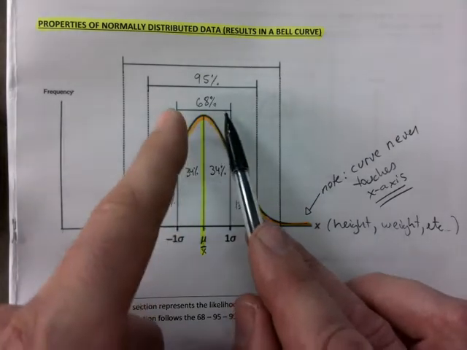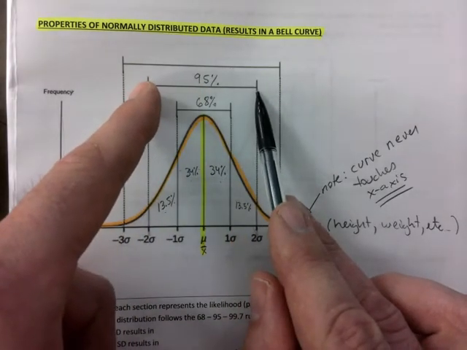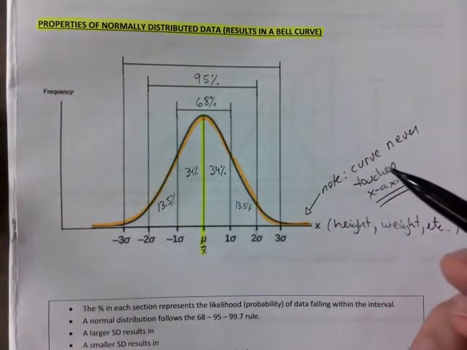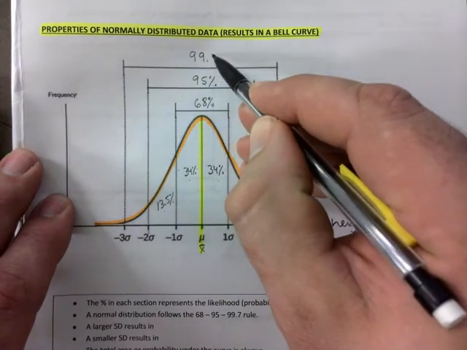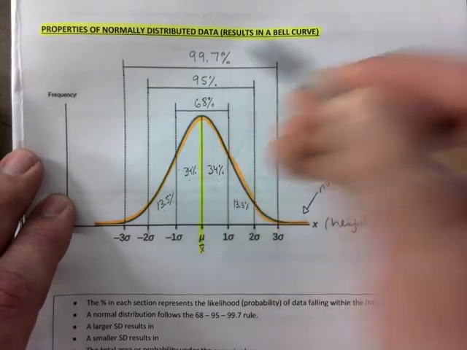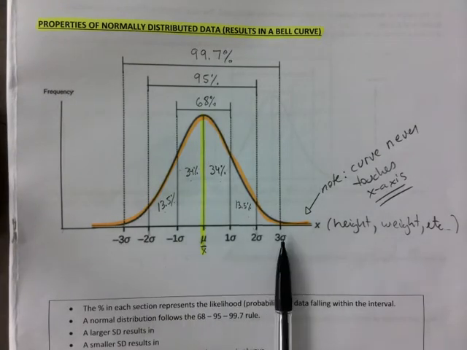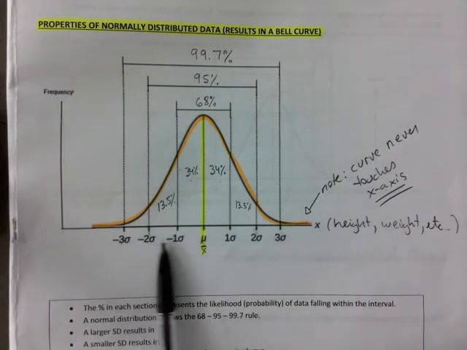So we have 68. We go out more, that's 95. And then we'll go out one more, and that's 99.7. 99.7% of heights, if we consider heights, would be between this value and this value. Trust me, down the road there will be actual heights down here, okay?